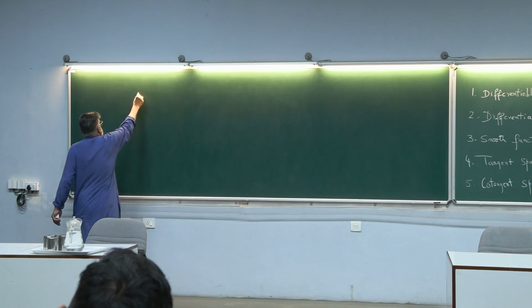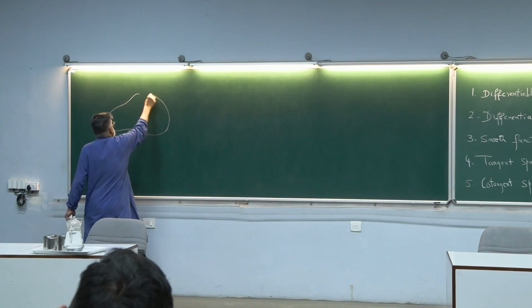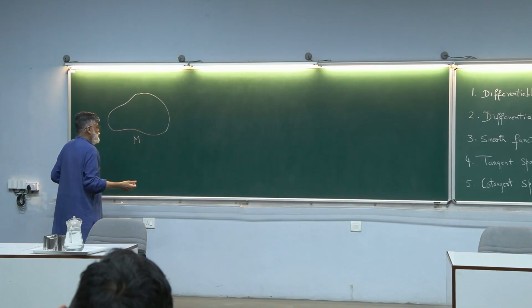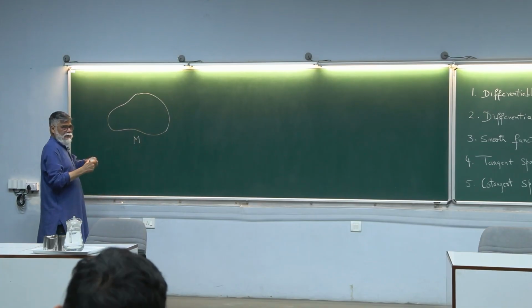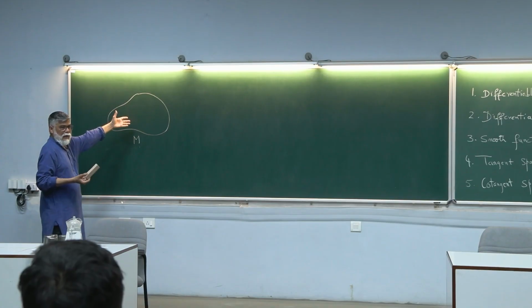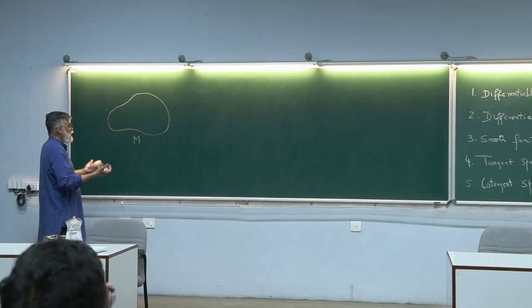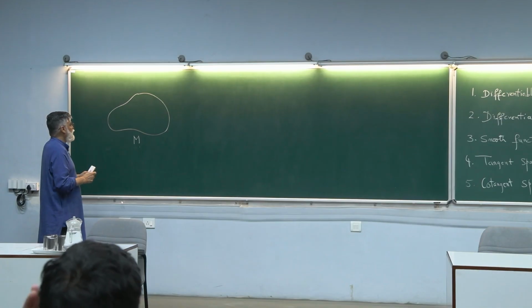So, imagine that you have this topological space M, sometimes I call it M, sometimes S, it does not matter. We know that a topological manifold is a set endowed with a topology T, so that we have notions of open sets and all that.